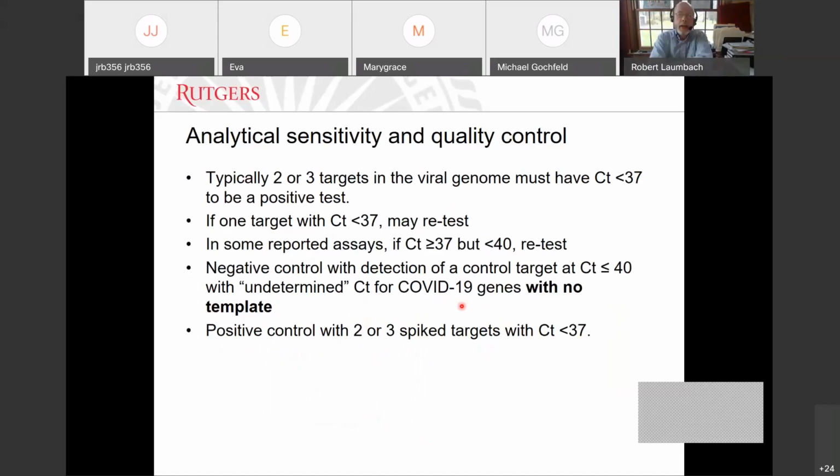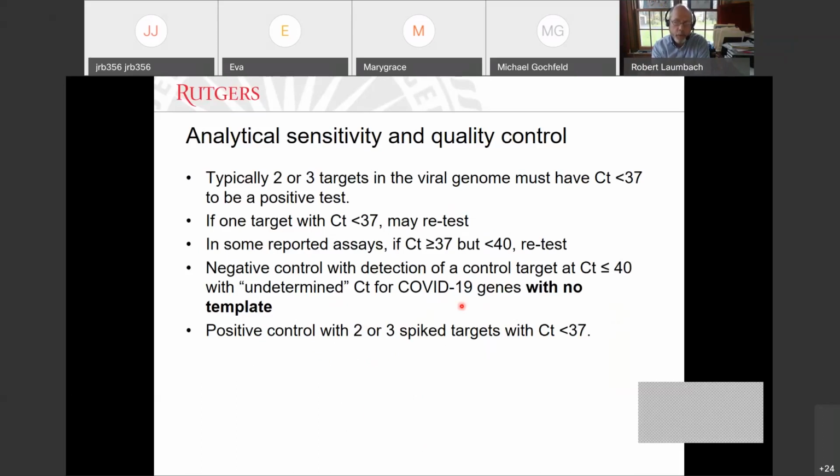So within the assay itself, there's a lot of control in terms of positive and negative controls, and then typically there's more than one target, typically 2 or 3, and then you must have typically a CT of less than 37 to be positive. And again, by convention, most of these assays are run to 40 cycles.